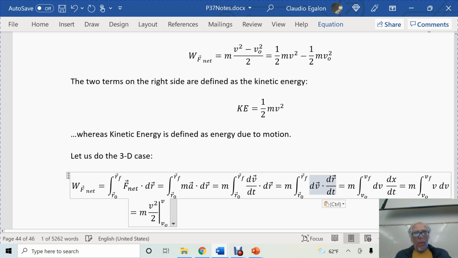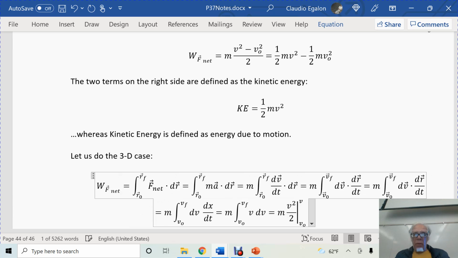We still have a dot product there. We still have a dot product, and like it happened before, we have to change the limits now. We change the integrating parameter from R to V. And then we make it look nicer by commuting the two vectors.